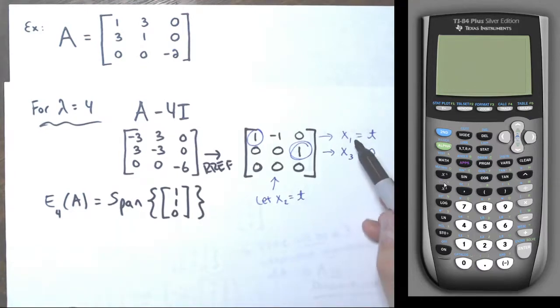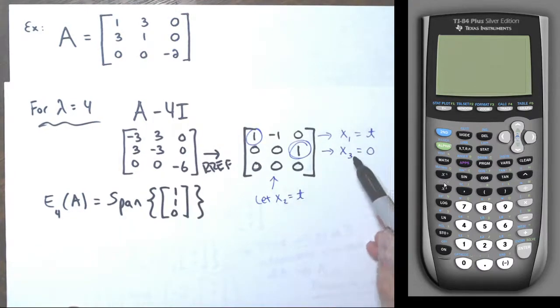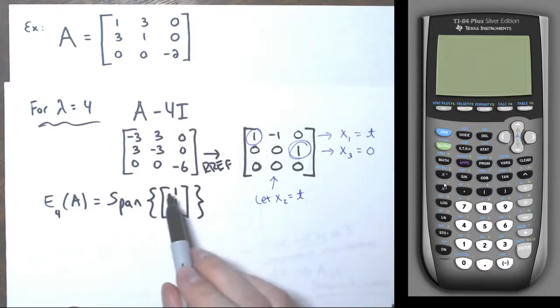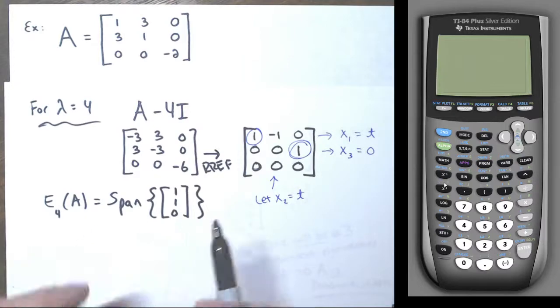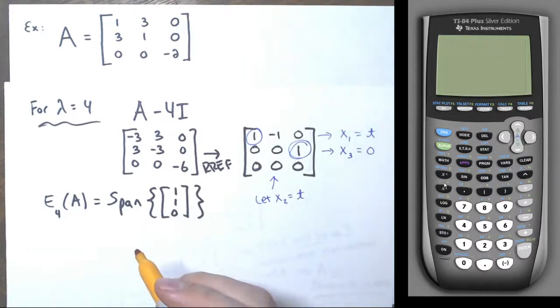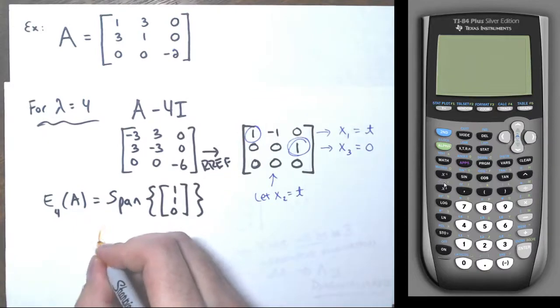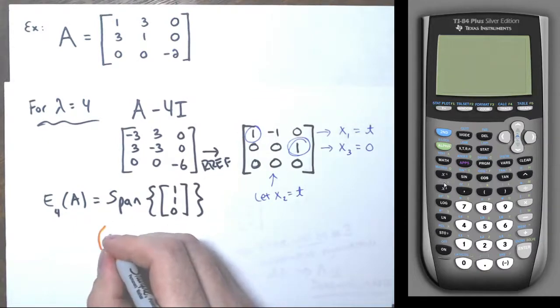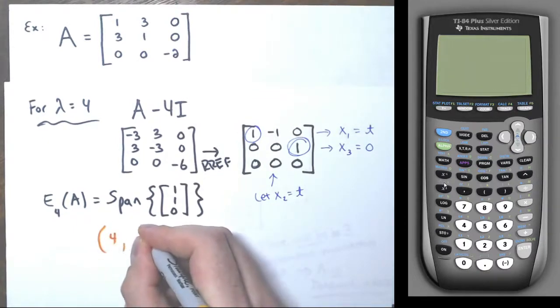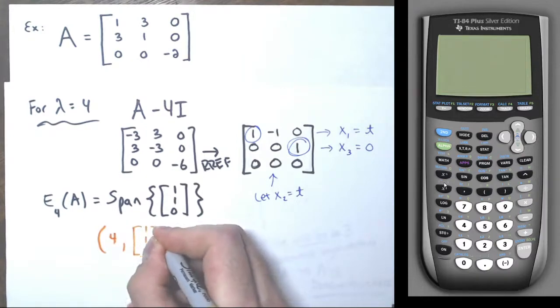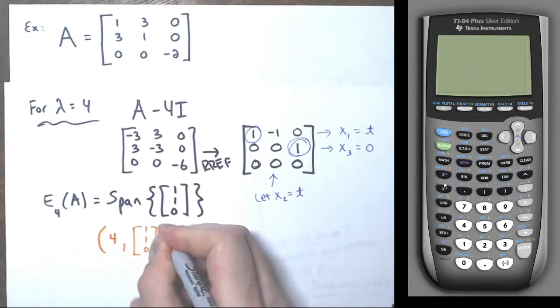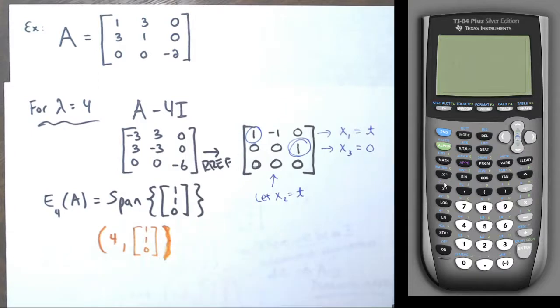First component t, second component t, third component always 0. Any non-zero multiple of this is an eigenvector, but I can use that one. And there's my third independent eigenvector that's going to help me make matrix P. So the eigenpair here is 4 with the eigenvector (1, 1, 0), that basis eigenvector.